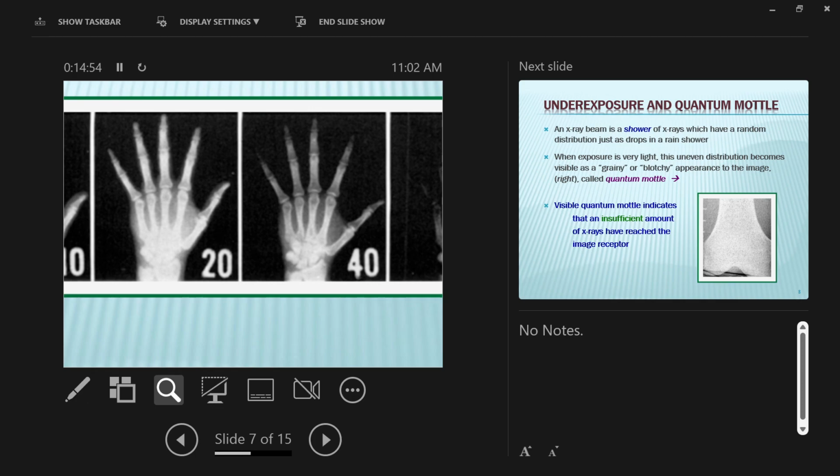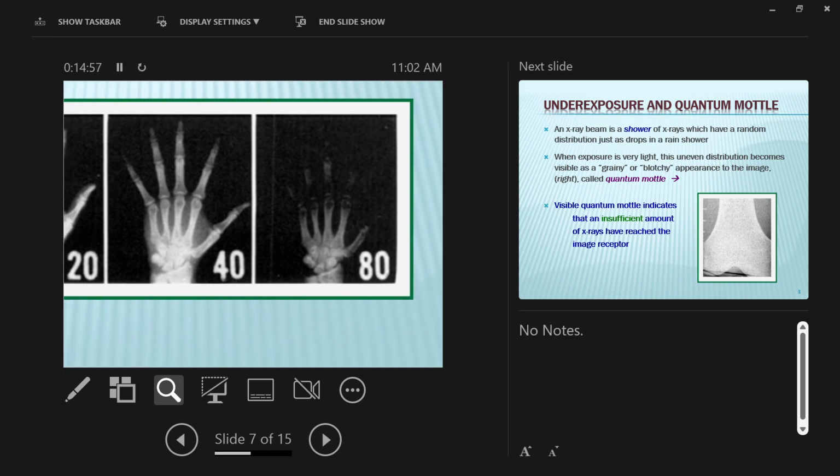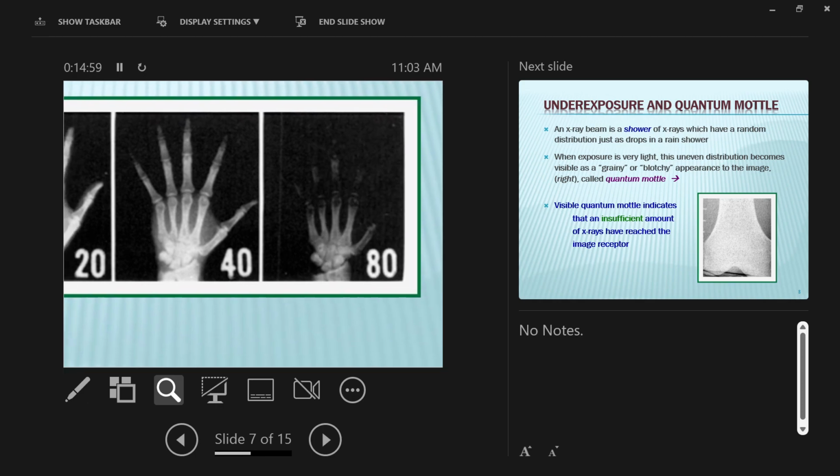So adding mAs gave me more structural visibility. But notice what happens when you add too much mAs. Going from 40 to 80 mAs, I've now lost visibility because of oversaturation. The image has too many X-rays getting to the receptor, and the receptor gets blacked out, overexposed, in a lot of areas. Now I've lost visibility of those fingers.